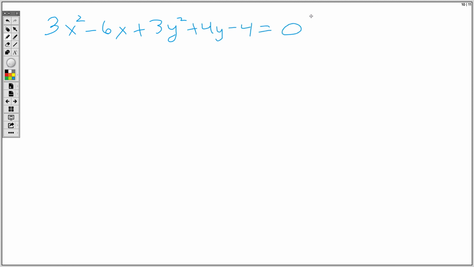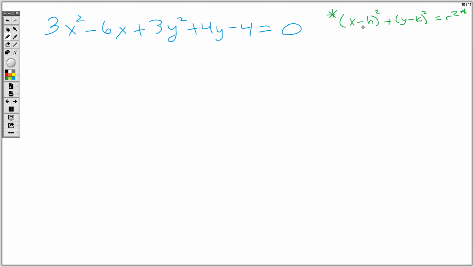All right. So, in order for us to easily identify and graph a circle, I'm trying to get it to look like this: (x minus h) quantity squared plus (y minus k) quantity squared equals r squared. This doesn't look a whole lot like this.